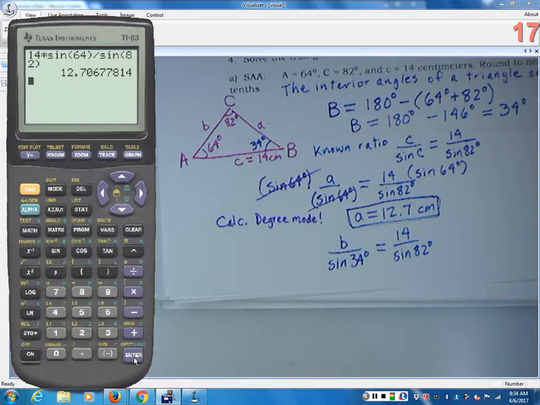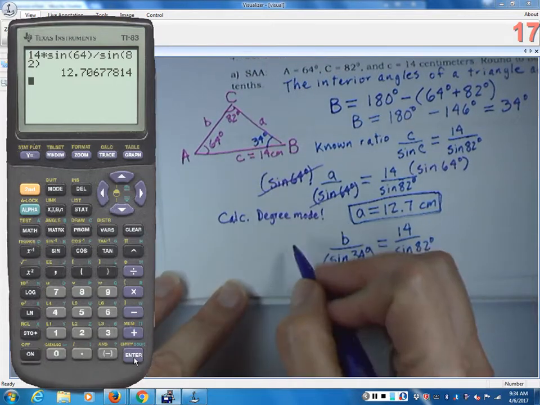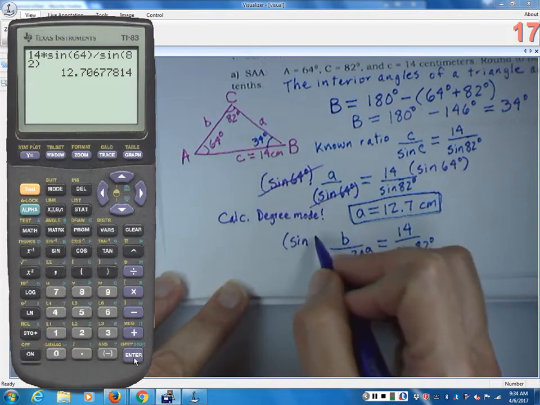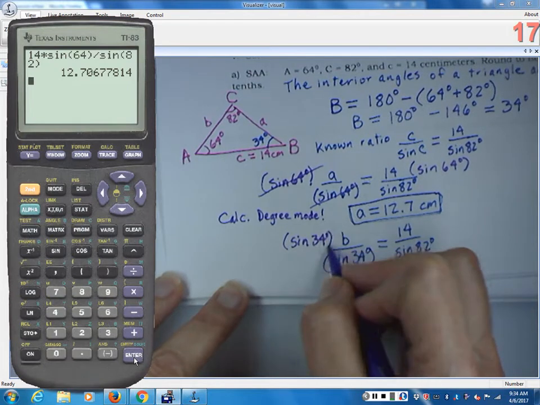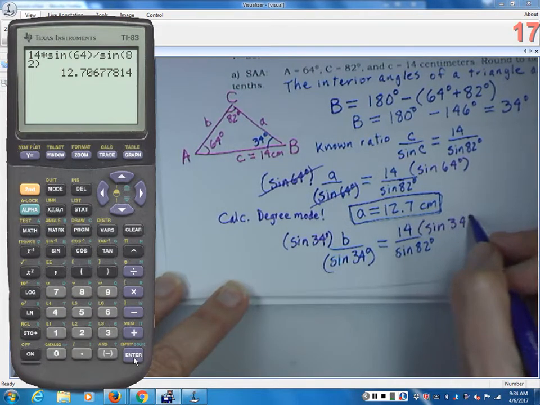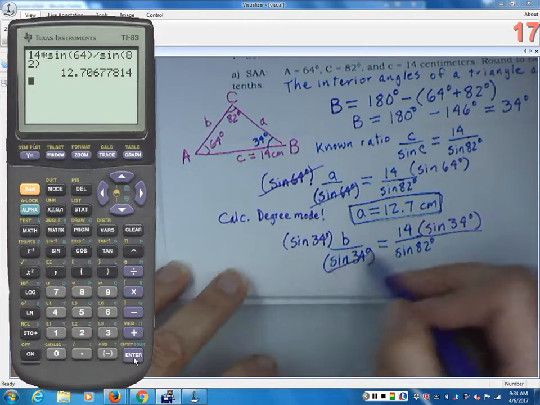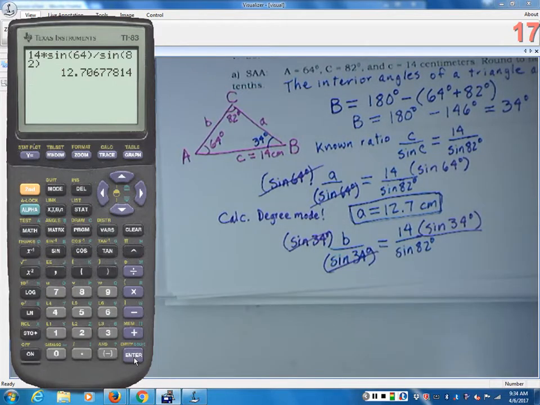And so now you can multiply through by sine of 34. So B is going to be that whole thing. Now, it doesn't hurt to put extra parentheses in, but I knew that it was going to do the sine before it divided.